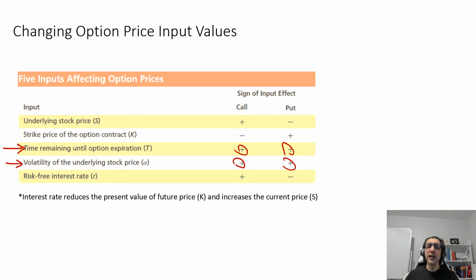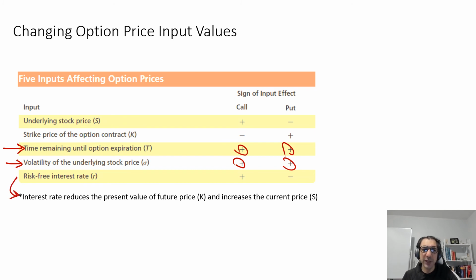You can go for the similar argument when it comes to exercise or strike price, but you know it works on opposite direction. You know the higher strike price leads to the lower call price, and the higher strike price leads to the higher put price. What about the last portion, risk-free rate? Now, I provided a note here regarding risk-free interest rate.